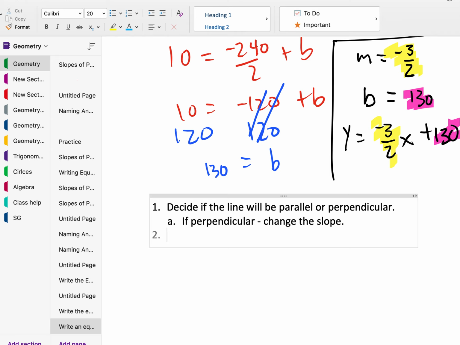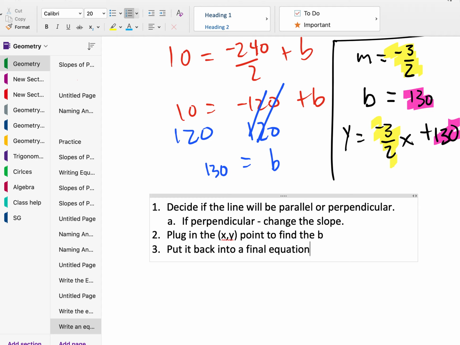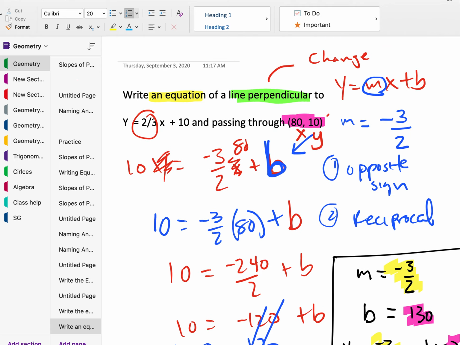Step 2, we plug in the x, y point to find the intercept. And then we ended up by putting it back into a final equation. So you can pause it if you need to write this down.